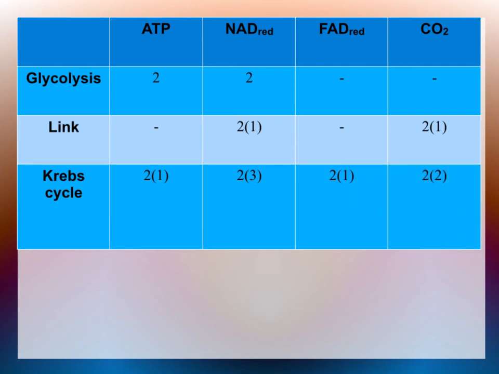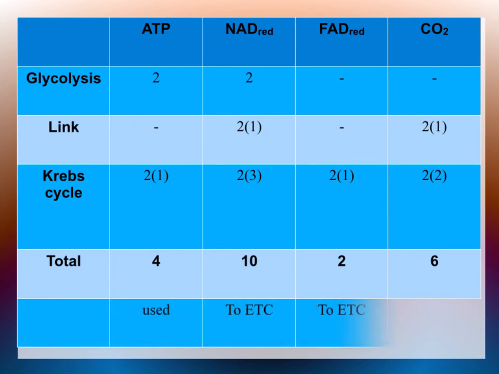Krebs cycle, you should have 2 ATP, 6 reduced NAD, 2 FAD, and 4 carbon dioxide. So your total will give you 4, 10, 2, and 6. Where are these going to be used? Well, the ATP is going to be used. The reduced NAD is going to go to the electron transfer chain, as well as the reduced FAD, and then the carbon dioxide diffuses out.